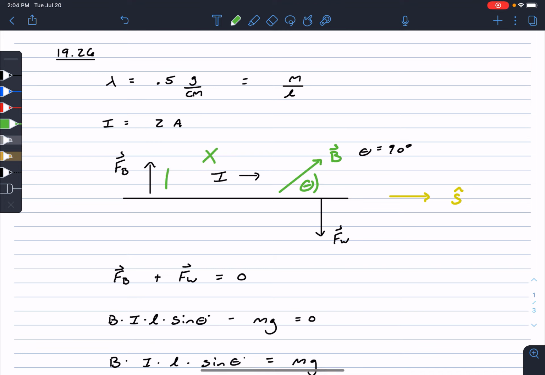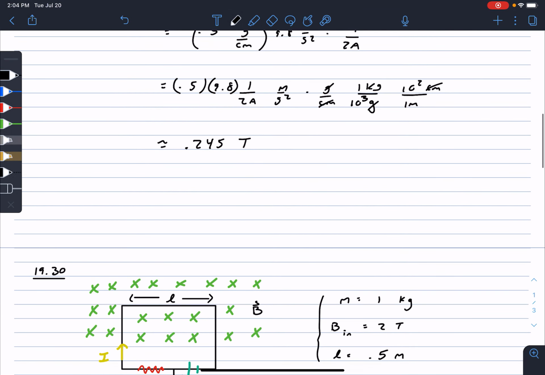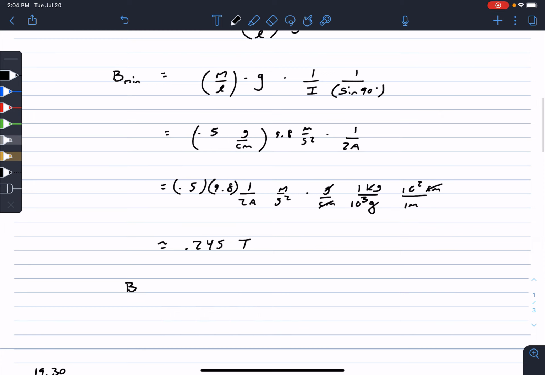So we right hand fingers this way, curl that way, makes your thumb point into the page, which is eastward. So our B field, 0.245 Tesla eastward direction.